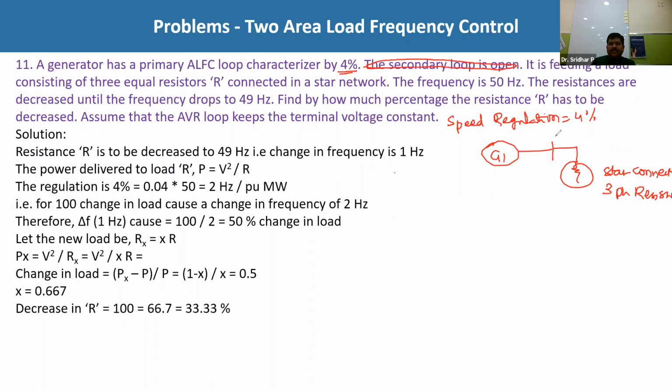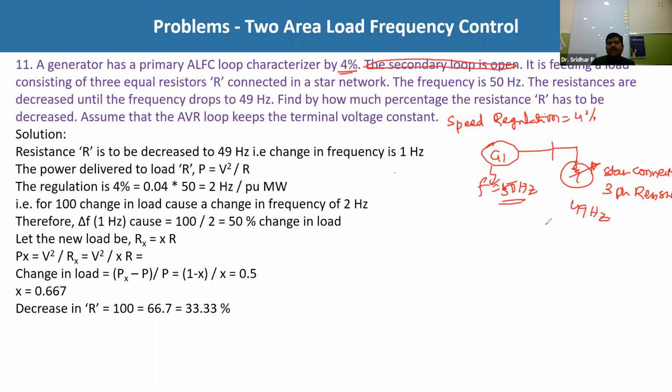The frequency is 50 Hz, so f is equal to 50 Hz. Now the resistances are decreased until the frequency drops to 49 Hz. Initially the frequency is 50, and now he is expecting it to decrease to 49.